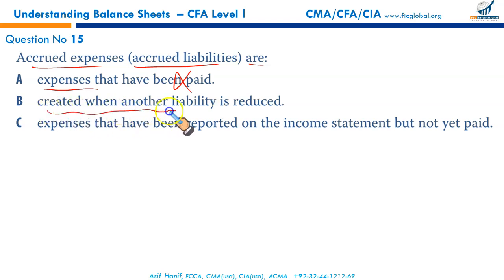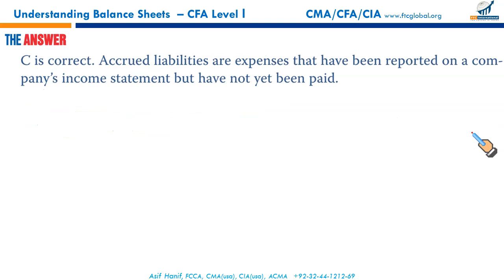They are created when another liability is reduced. Wrong. They are created when expenses have been incurred and are to be charged on the income statement but have not yet been paid. Expenses that have been reported on the income statement but not yet paid are called accrued expenses. Right, so that's C.